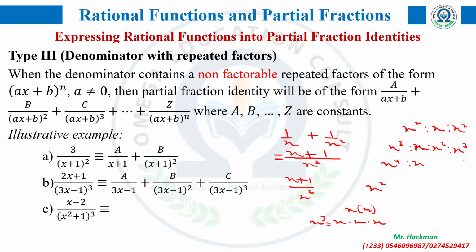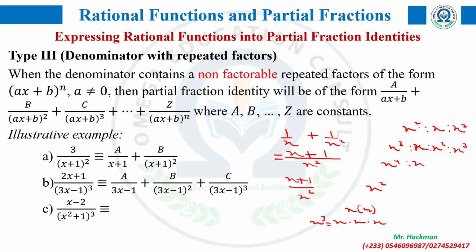Yes. Very good. So once you understand this, then the work is going to be easy for me in terms of explaining this concept. You realize that the number of factors, so here, if it is x cubed, we'll get 3 factors. So each of the factors that you have there will give you a fraction. So the number of factors possibly that you can get from your repeated factor will determine the number of fractions that you can have.